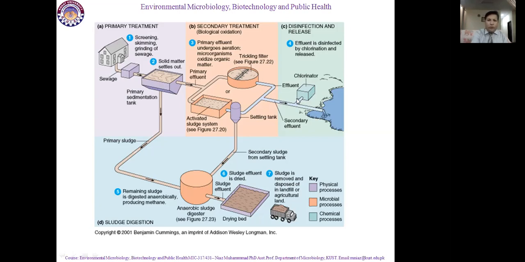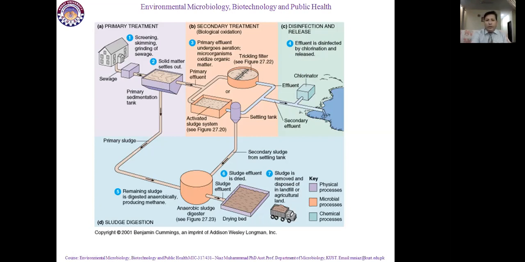And if you want to make it more pure, we can add some chlorine. It is the third treatment, disinfection and release. Effluent is disinfected by chlorination and released to the environment. Here we are adding some chlorine in this water to kill the microorganisms, and we can send it to the environment.